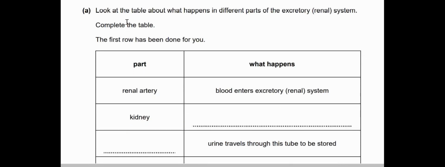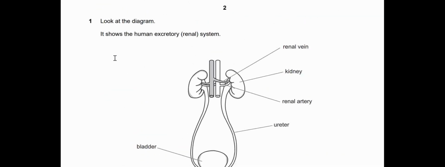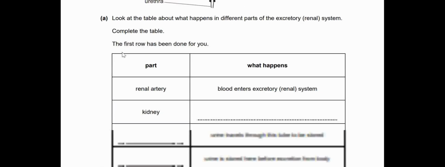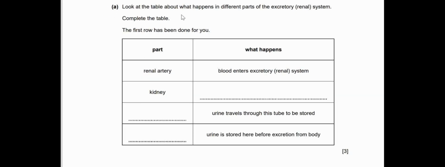A. Look at the table about what happens in different parts of the excretory or renal system. Complete the table. The first row has been done for you. This is question A. The renal artery, what happens?